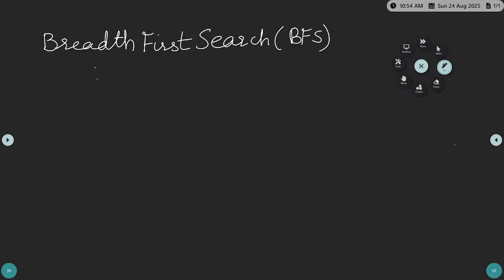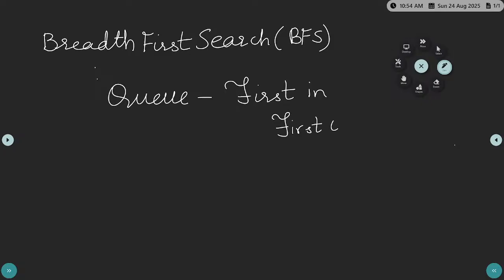We use Q. Q uses first in, first out procedure.